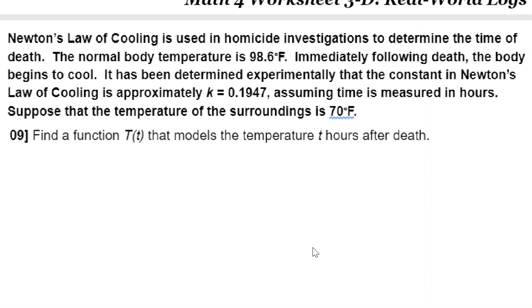Now, here we have Newton's law of cooling. We need to find the function of t, where the first number was the initial temperature, which should be 98.6.